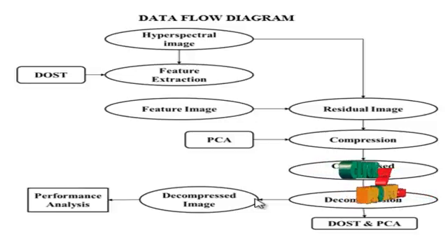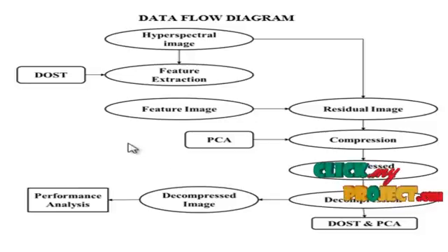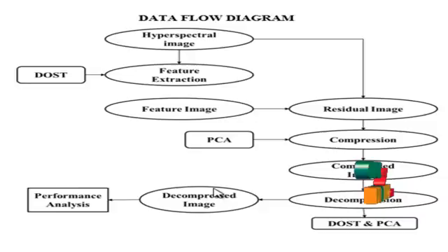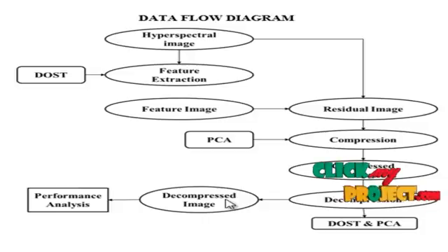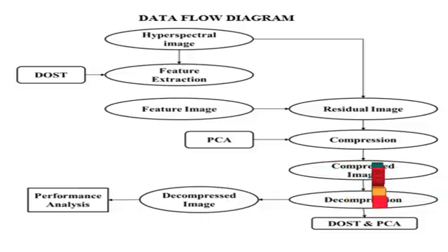Then the decompression process will be performed by reversing the operation of PCA and obtain the decompressed image from which the feature extracted, in order to obtain the original hyperspectral image from the decompressed result using DOST algorithm. Finally, we estimate the performance analysis for our accuracy, sensitivity and specificity.